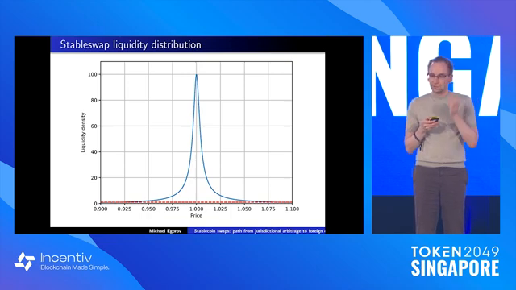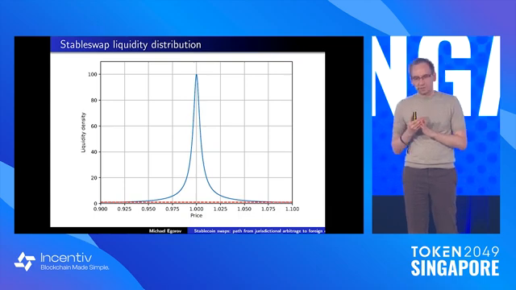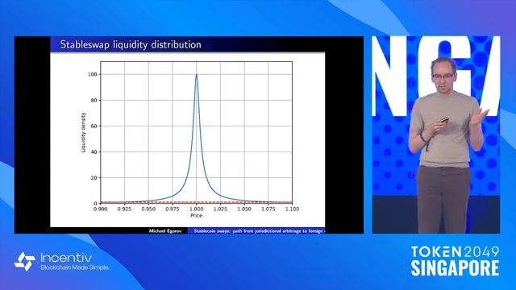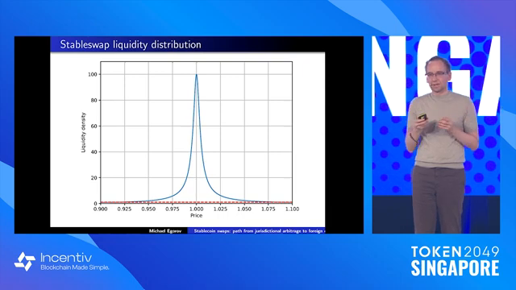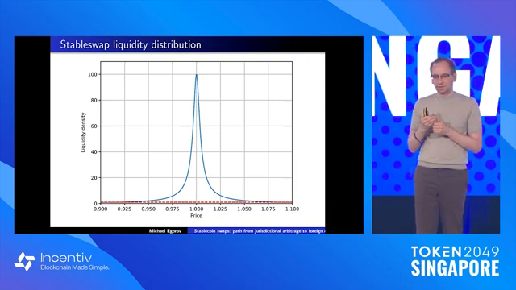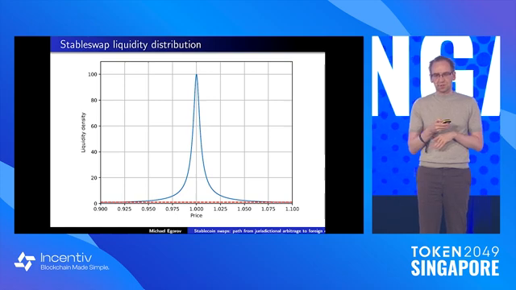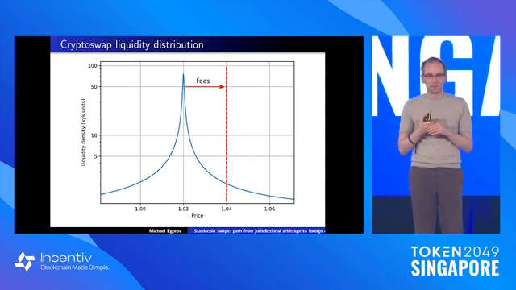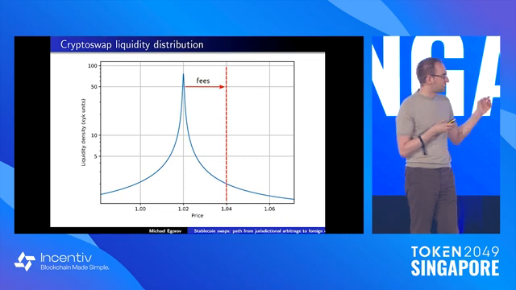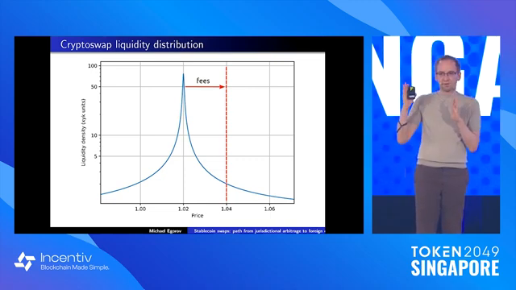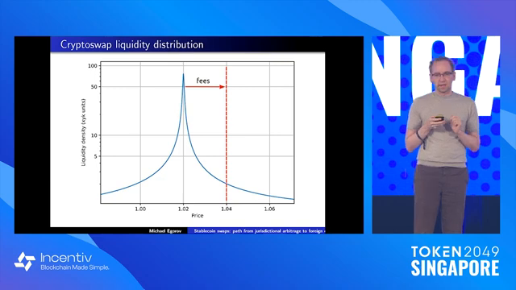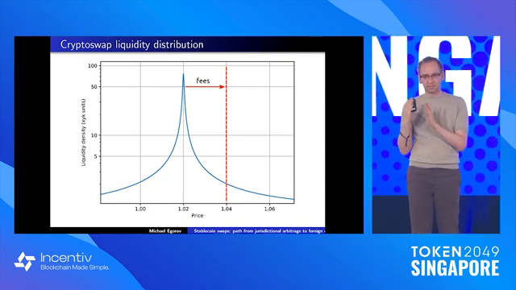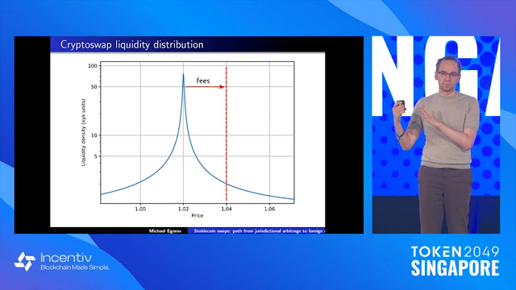If you try to do it differently, let's say a stable swap always assumes that the price of the coin is constant. So what happens if it is not constant? For that, we developed the so-called crypto swap algorithm, which concentrates liquidity at some price, but if the current price moves, it tries to move the concentrated liquidity to the place where the new price is.